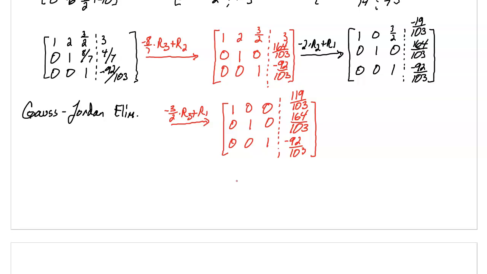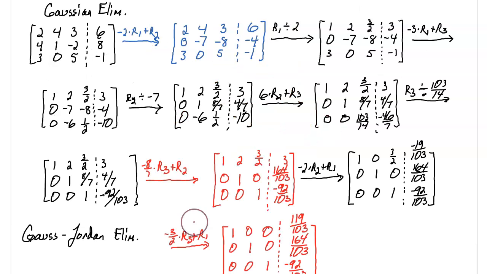Gauss-Jordan elimination refers to the 9 row operations that were performed to create reduced row echelon form. Gauss-Jordan elimination starts by doing Gaussian elimination to create row echelon form, the triangular arrangement of leading ones.